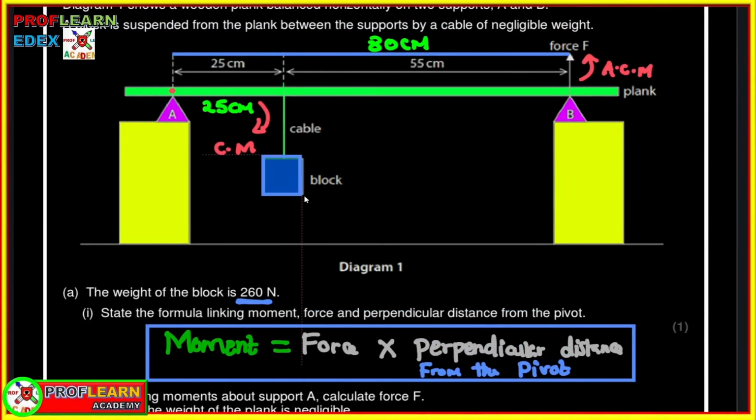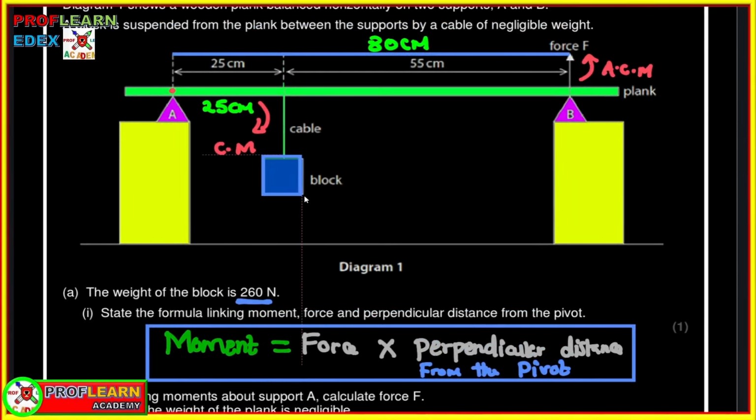Weight acts in that direction, and remember, when you are drawing that, it should be from the center acting downward. The block also experiences a force due to the tension in the cable. Explain why the block remains stationary when it's supported by the tension force.